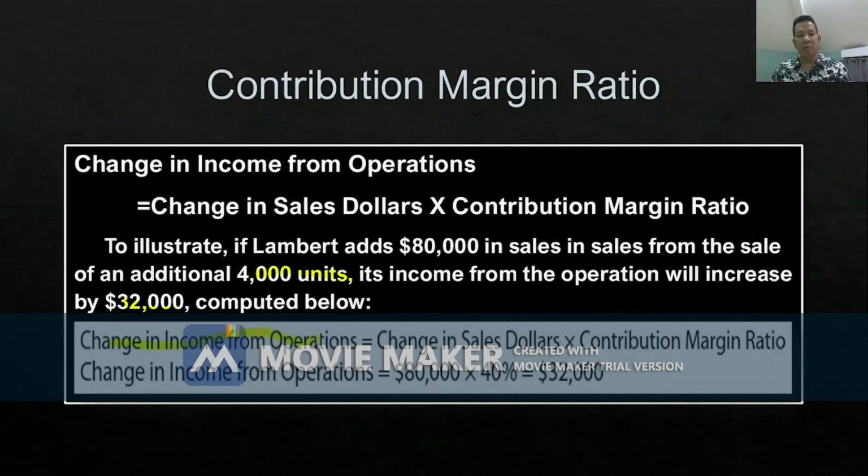Change in income from operation equals change in sales dollars multiplied by contribution margin ratio.